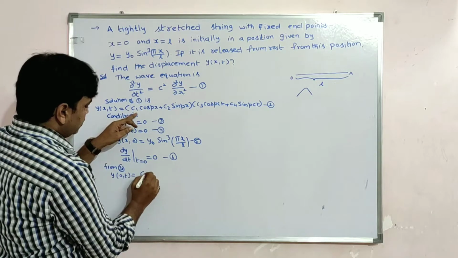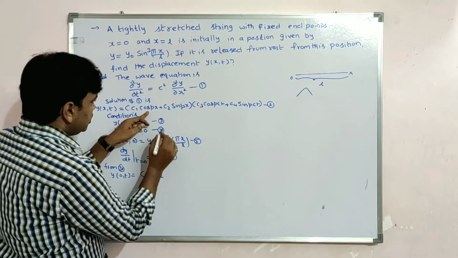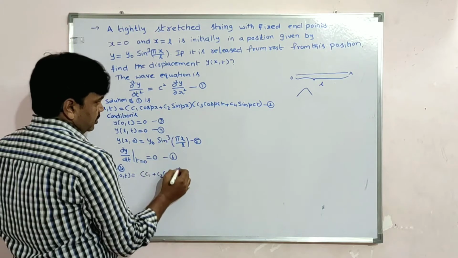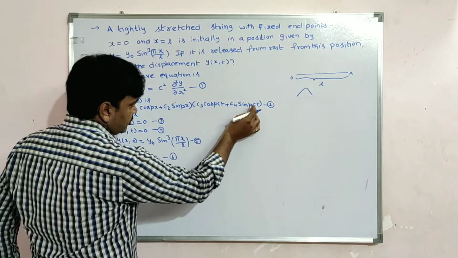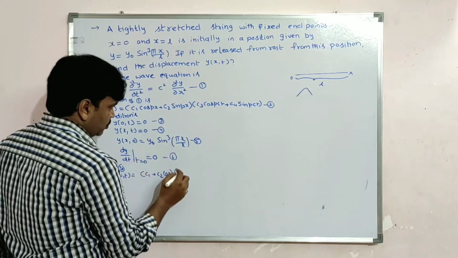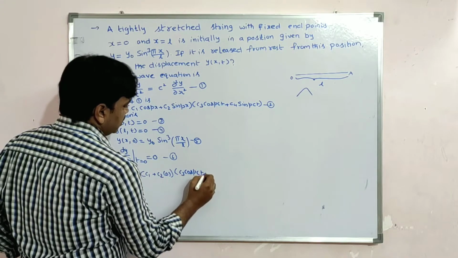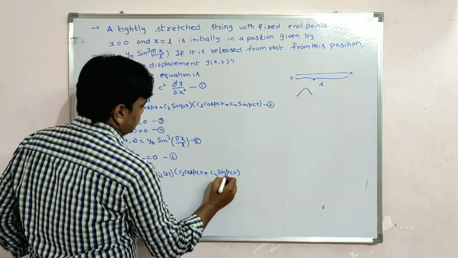So c1 cos 0, which is 1, plus c2 sin 0, which is 0, into (c3 cos pct plus c4 sin pct).